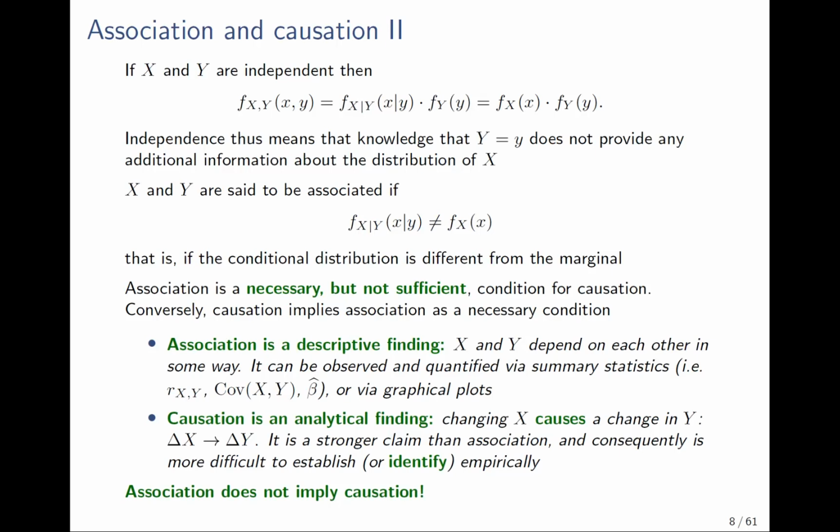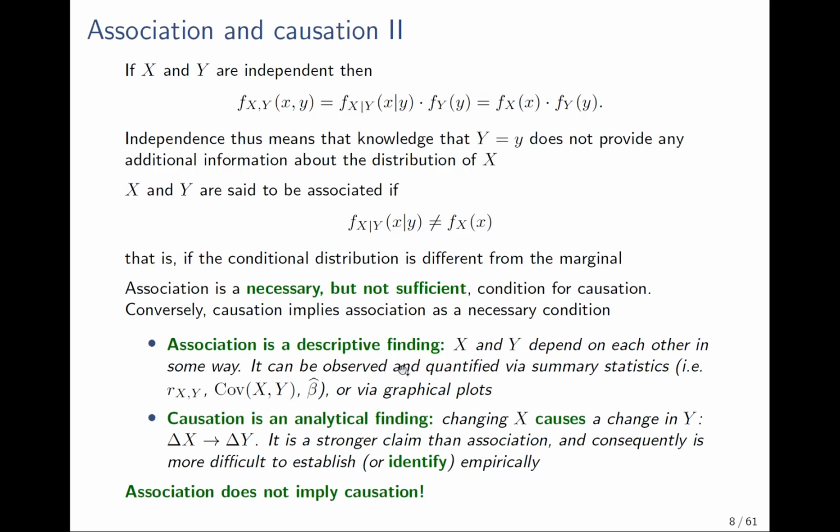So association is a necessary but not sufficient condition for causation. Causation implies association, but not the other way around.